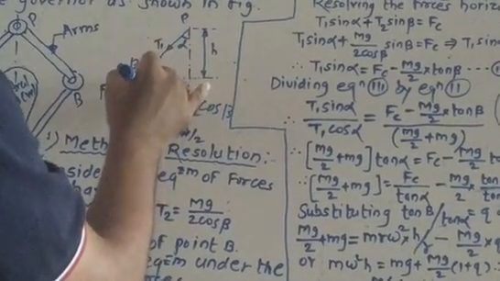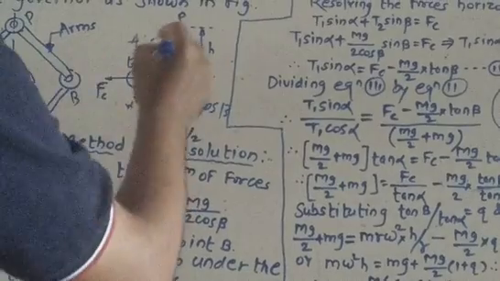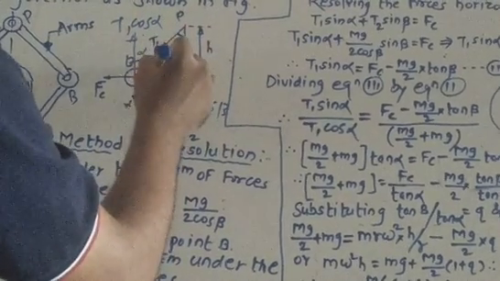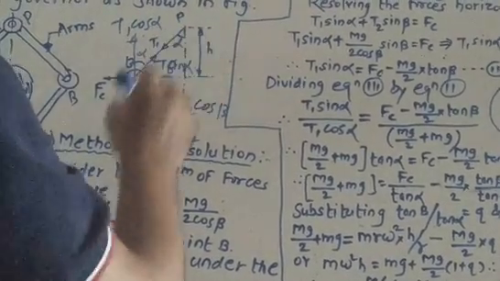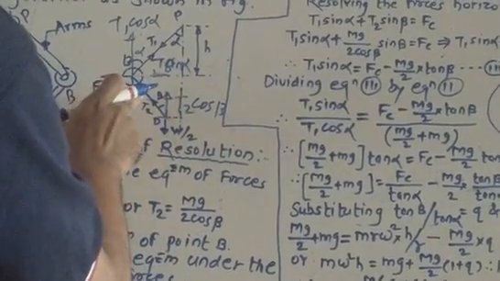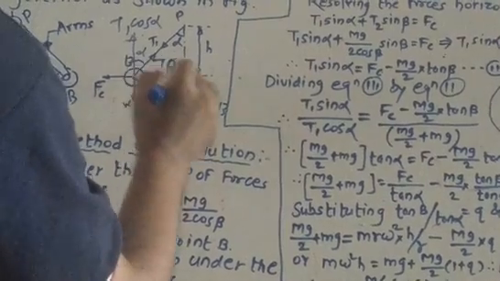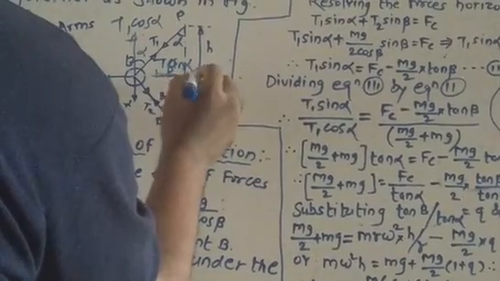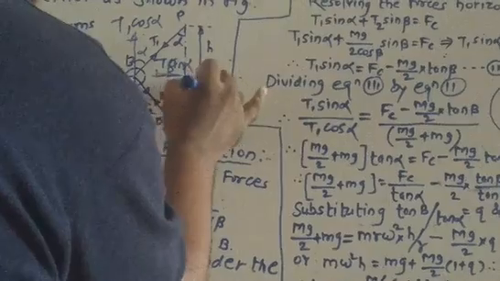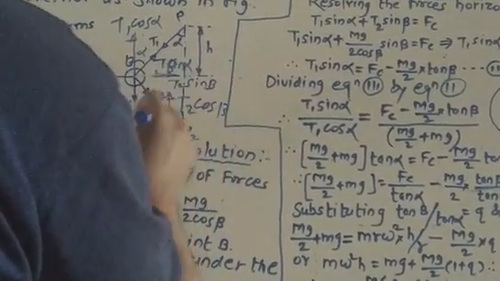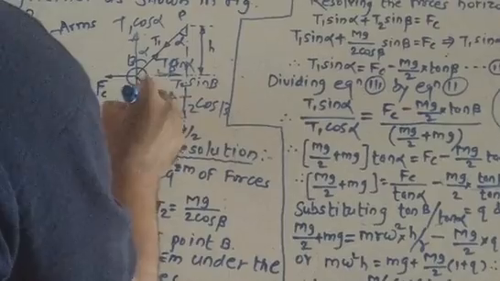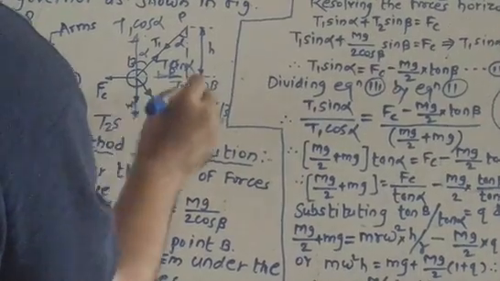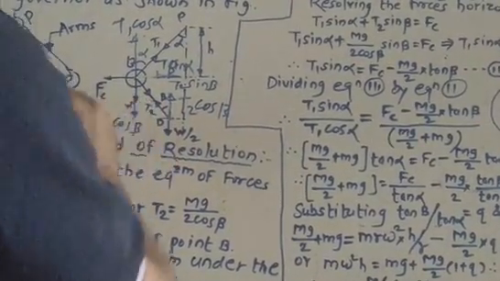So the vertical component of T1 is T1 cos alpha, and horizontal T1 sin alpha. Similarly, the component of T2 along the horizontal direction is T2 sin beta, and along the vertical direction T2 cos beta.